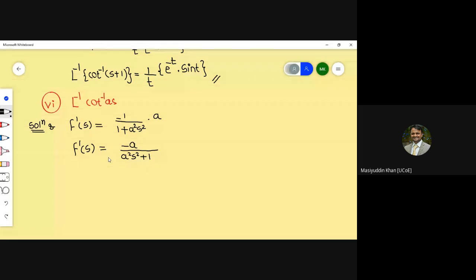To take this outside, you have to do some work, so that work we have to apply here. So f dash of s is equal to minus a upon a square, sorry, we have to take a square as a common factor. So the remaining will become s square plus 1 by a square.